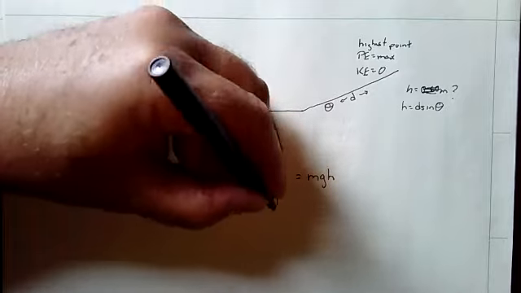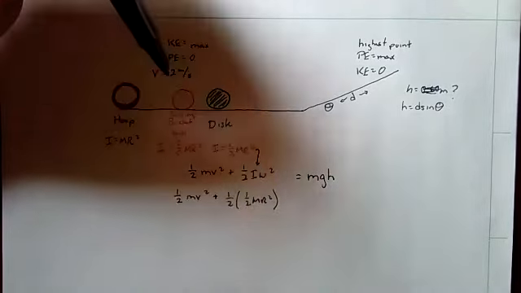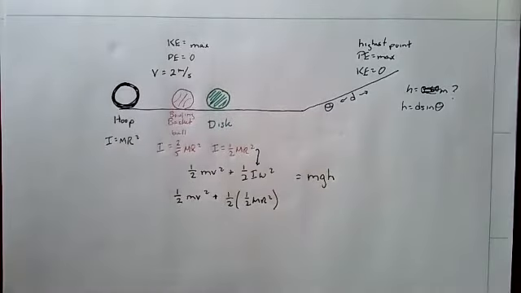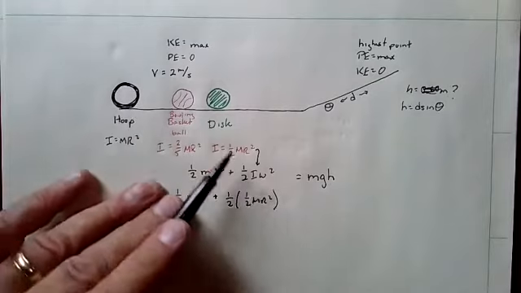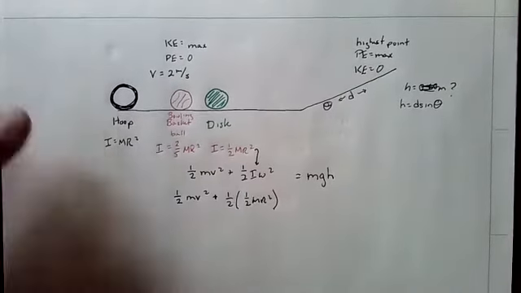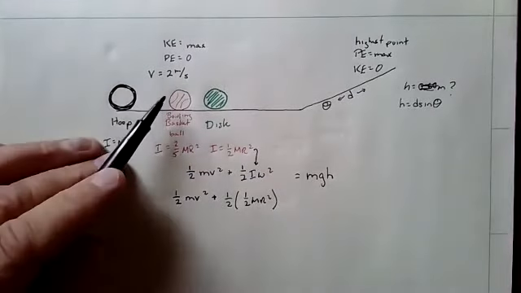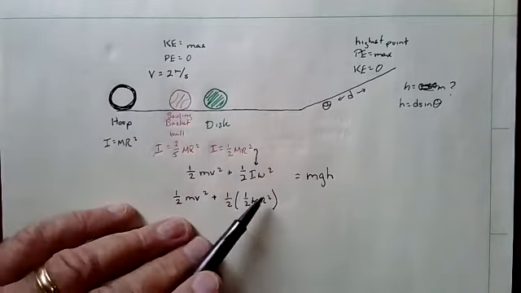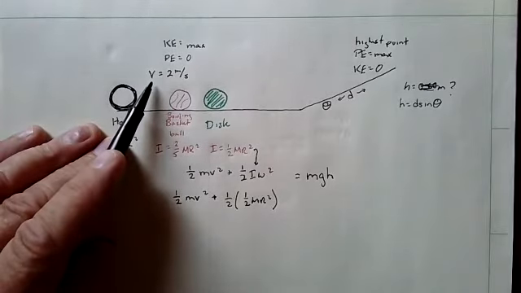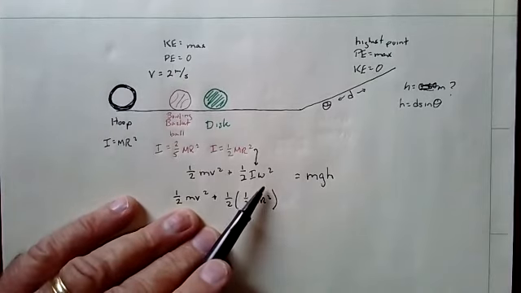mr squared. And now here's probably the most important thing we're going to do in this example: the linear velocity and the angular velocity are not two different things. If it's indeed rolling and not slipping, then for any given linear velocity, there's going to be exactly one and only one angular velocity.